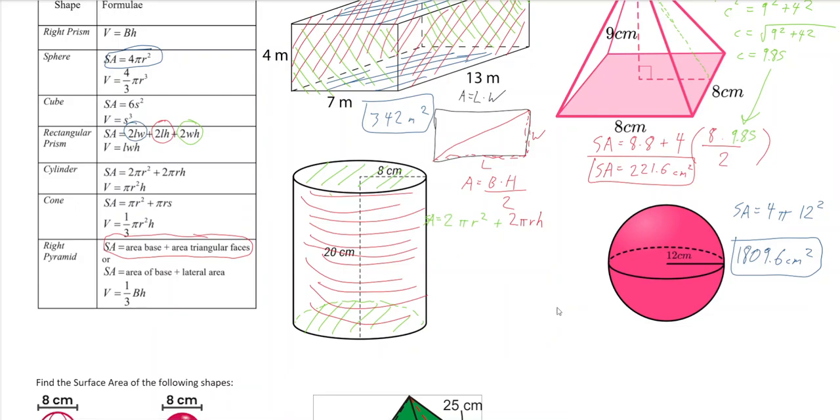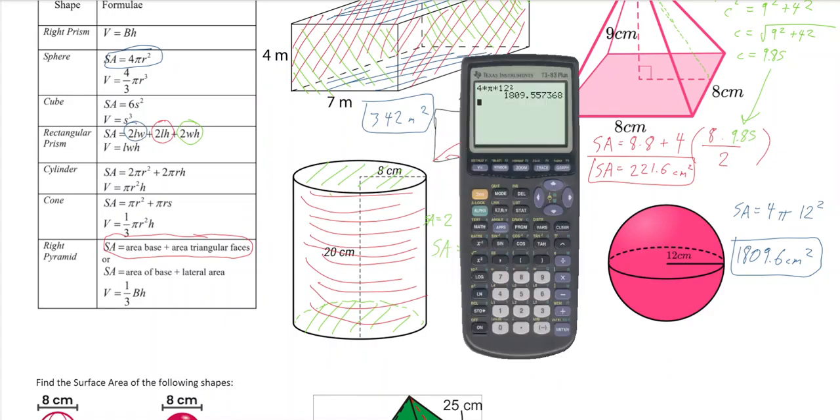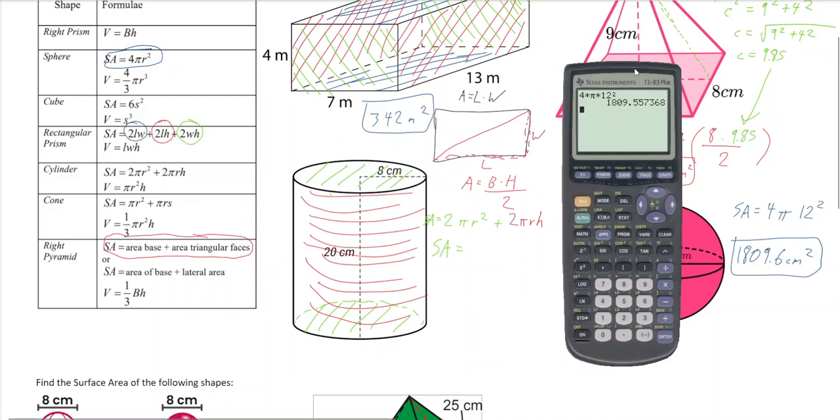Okay, so let's find the answer for that. We're just going to plug her all in. So this is going to be 2 times pi times r squared plus 2 times pi times r times h.